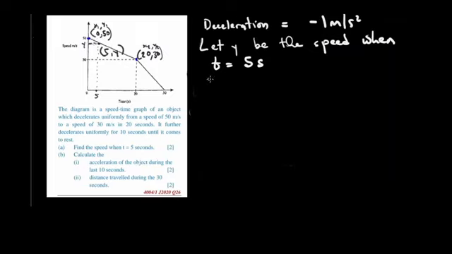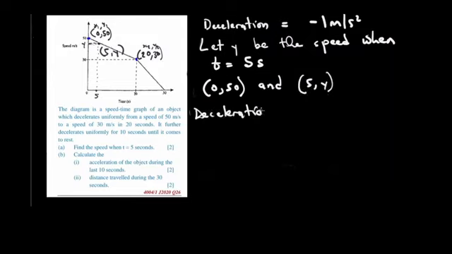So the points we are now going to use to find our gradient are 0, 50 and 5, y. So the deceleration, which is equal to the gradient of the line, will in this case be equal to, let us assign this as x1 and y1, this as x2 and y2.